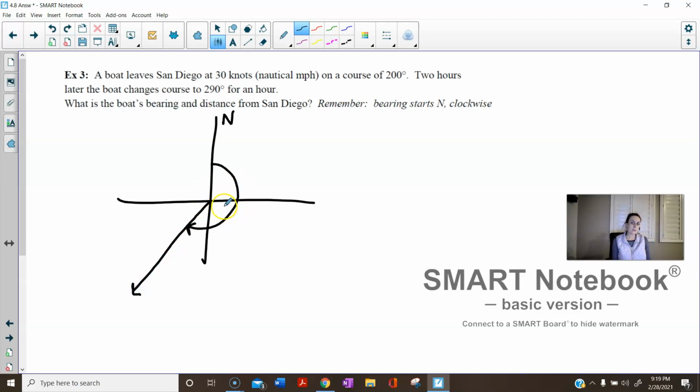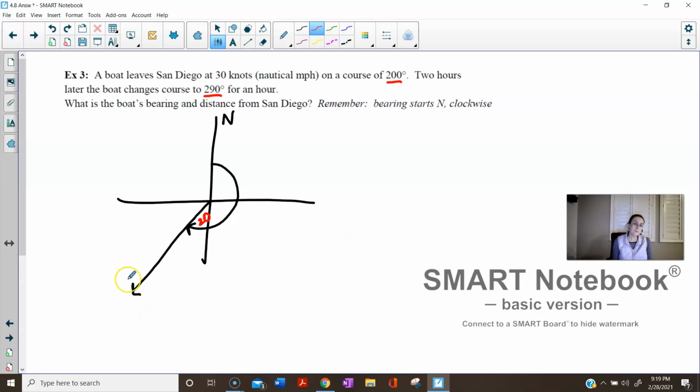So from where you're leaving from is usually from the origin. All right. So this angle here happened to be 20 degrees because it went 180 and then 20 more for 200. 2 hours later, the boat changes course to 290 degrees.